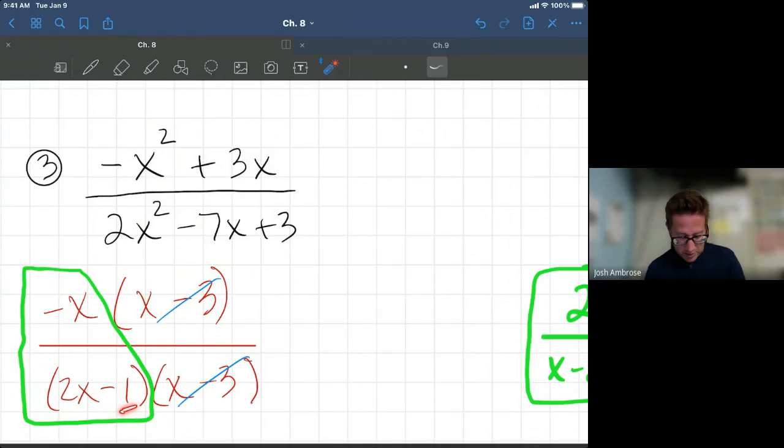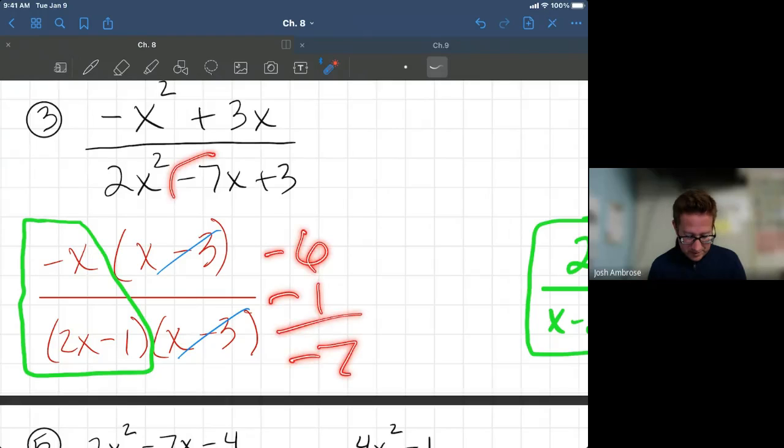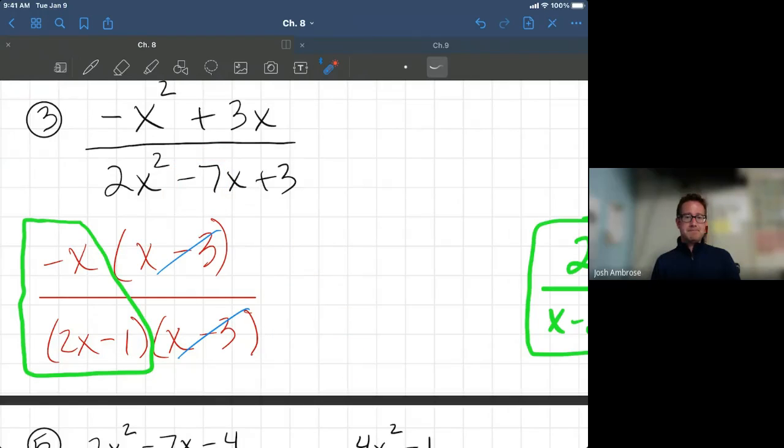So put the 1 here, put the 3 here. Let's double check it. That is going to make negative 1. And then 2 and negative 3 going to make negative 6. Negative 6 minus 1 is going to be a negative 7. That's what we want right there.